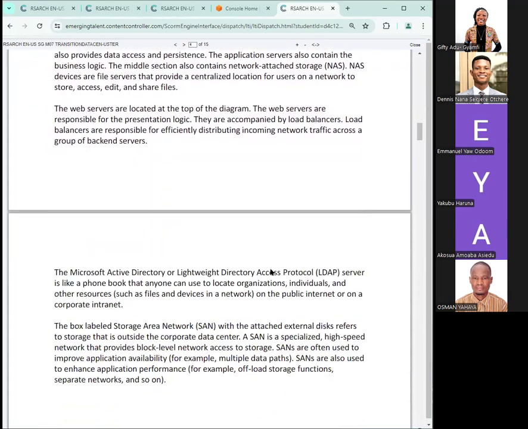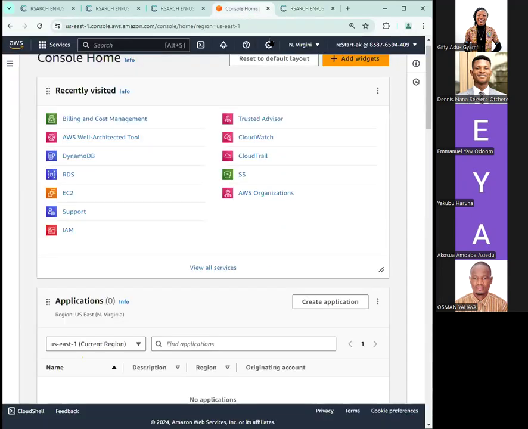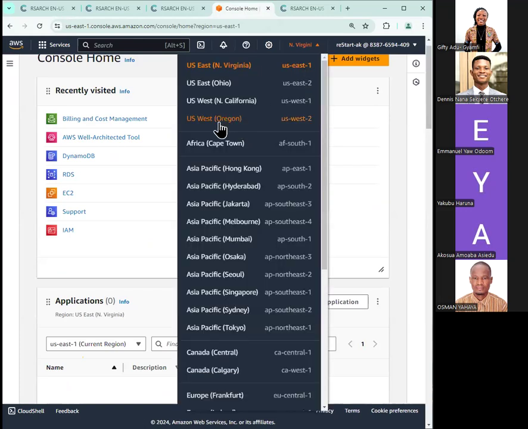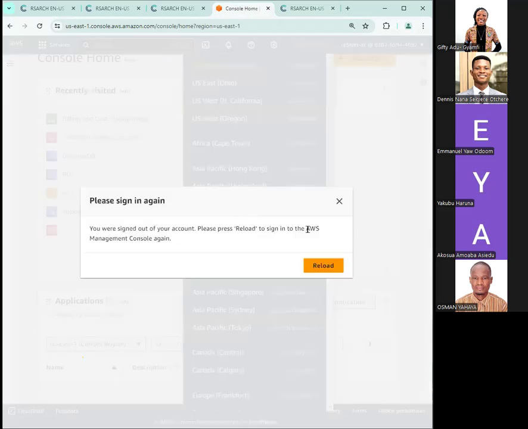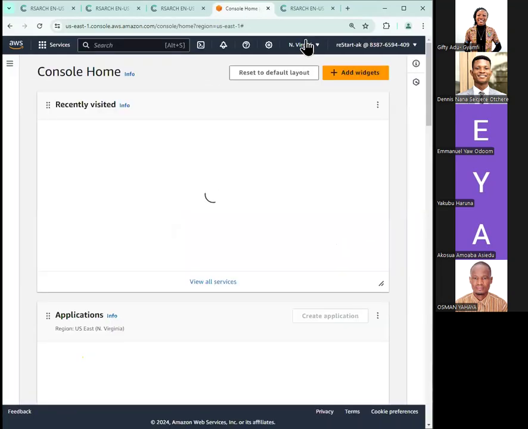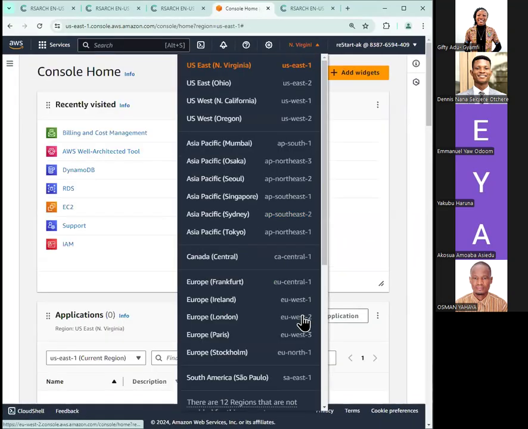Now, when it comes to the cloud, some of us don't even have passports, but we have moved from North Virginia to Oregon. We have visited a lot of regions just from being in Ghana, because AWS already has those data centers and infrastructure in those regions.